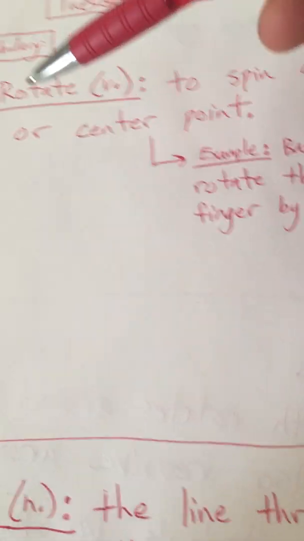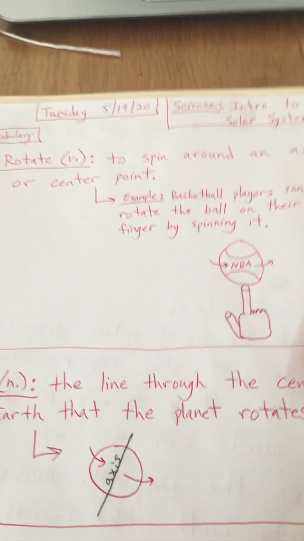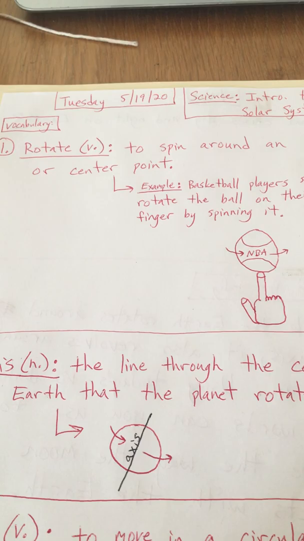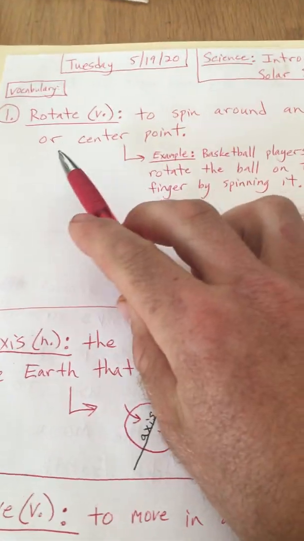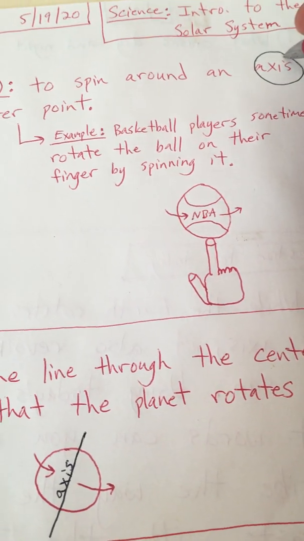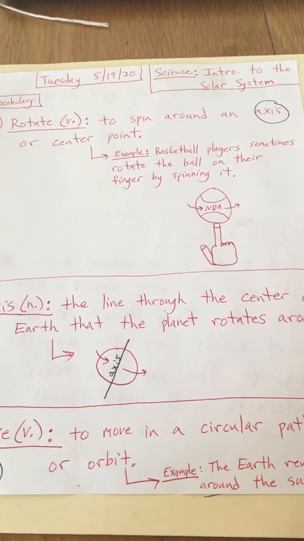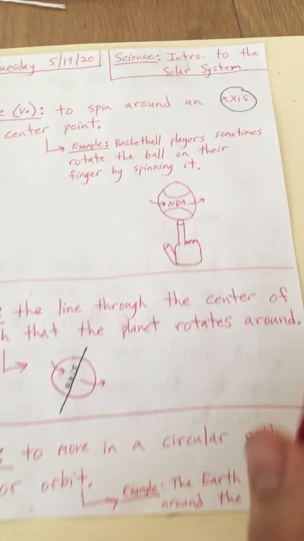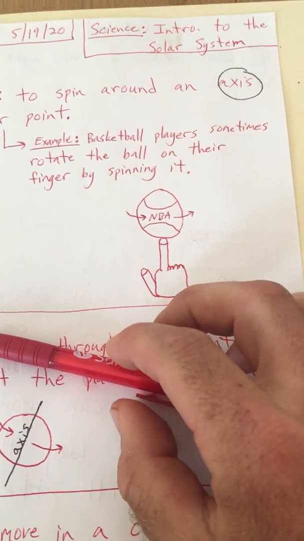The first word we're learning is rotate. It is a verb because rotate needs to have some action to it, right? You need to do something to rotate. So rotate is to spin around an axis or center point. Axis is the next vocabulary word we're going to learn. We'll talk about that in a second. But to rotate is to spin around an axis or center point. For example, basketball players sometimes rotate the ball on their finger by spinning it.